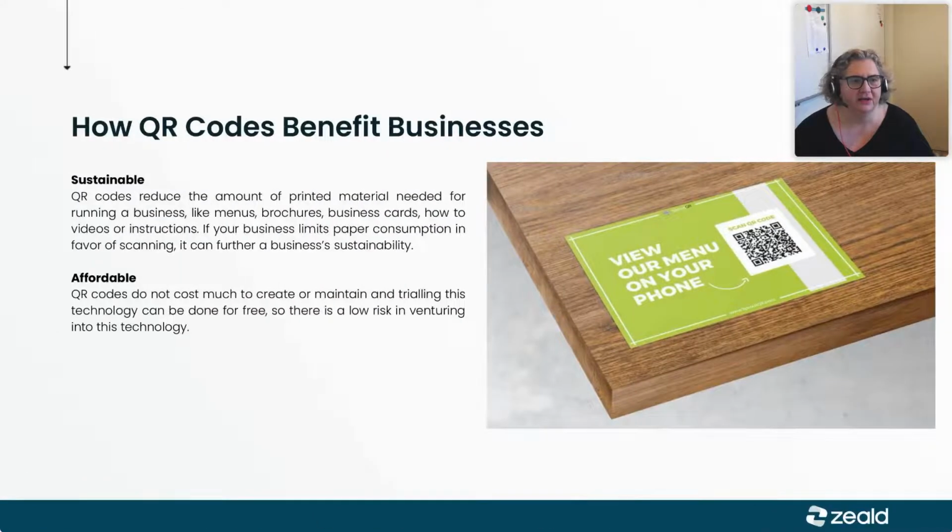QR codes are also sustainable and affordable. QR codes reduce the amount of printed material needed for running a business. So you could have QR codes that go through to electronic menus or brochures, and even minimize information needing to be printed on business cards. It can go to how-to videos and instructions.